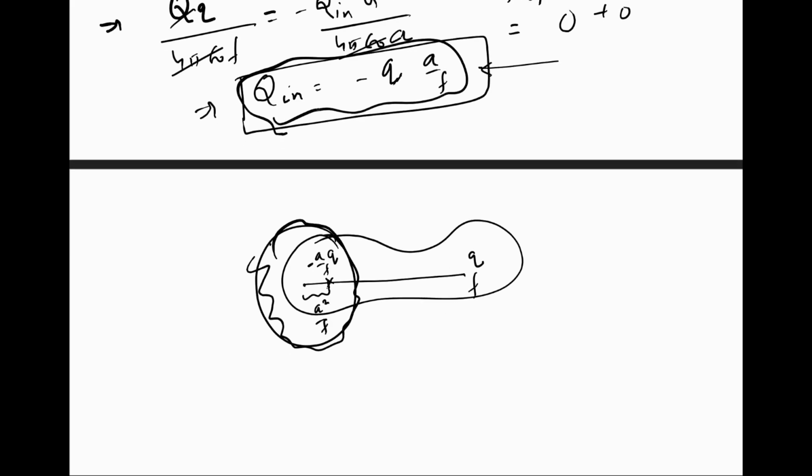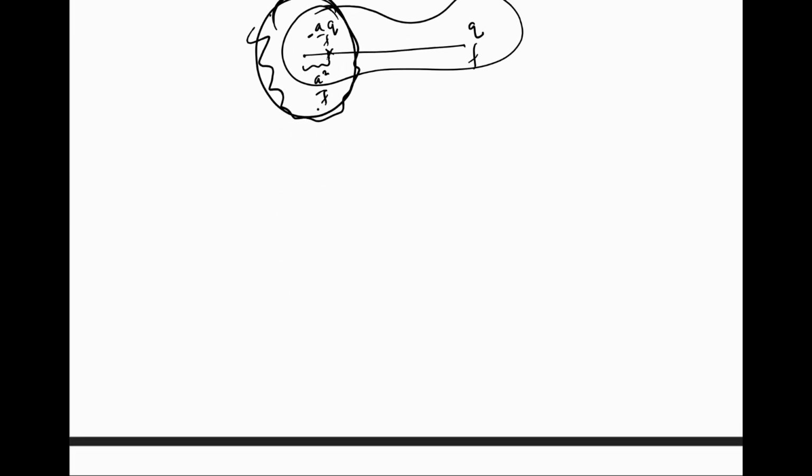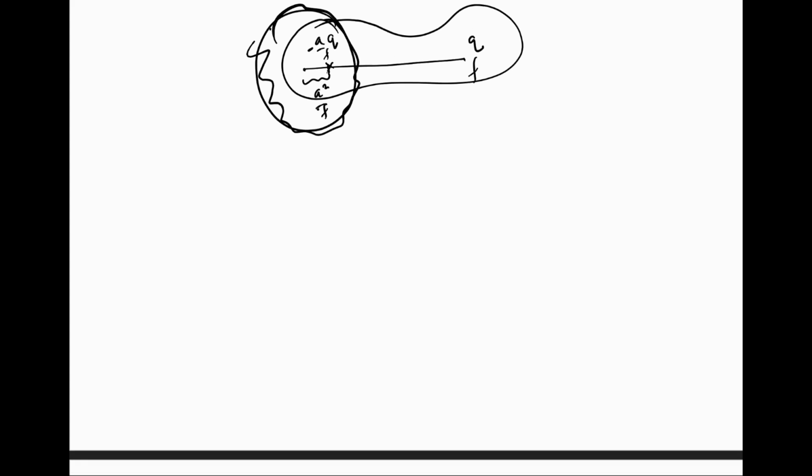Now we will solve a very good example to again see how to utilize this Green's reciprocity theorem for calculating various capacitance also. So what are we given? We are given that there is a conducting ring and its radius is A, and this conducting ring is grounded.